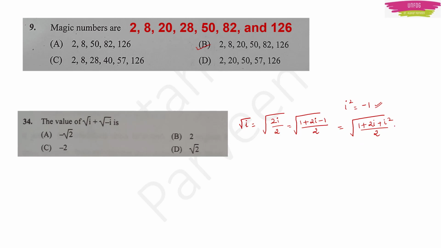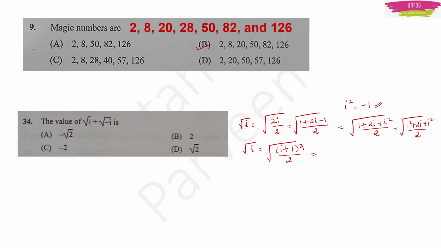Now this numerator is of the form a plus b whole square. If I rewrite it, it is like this: 1 square plus 2i plus i square by 2. So I can write square root of i as square root of (1 plus i) whole square divided by 2.